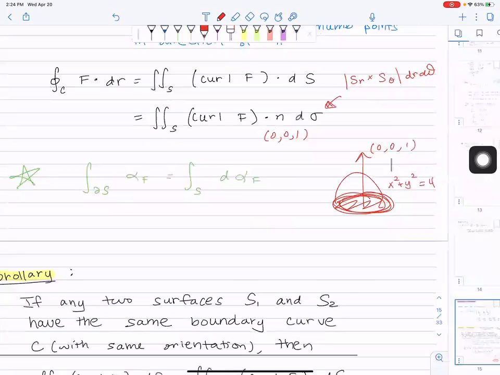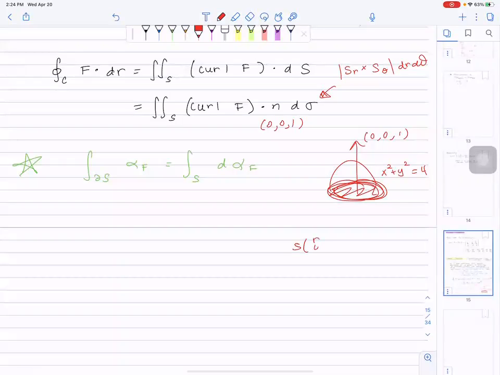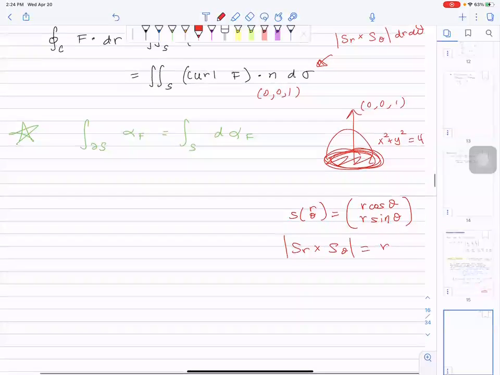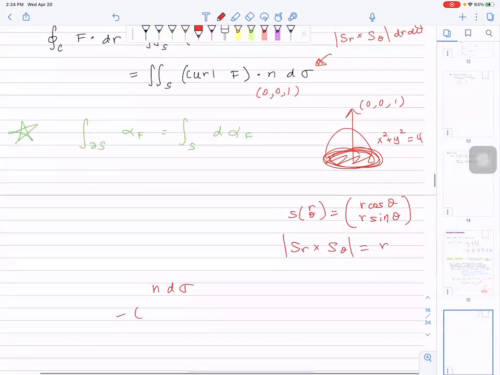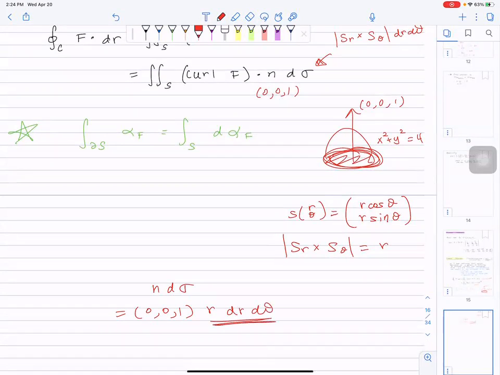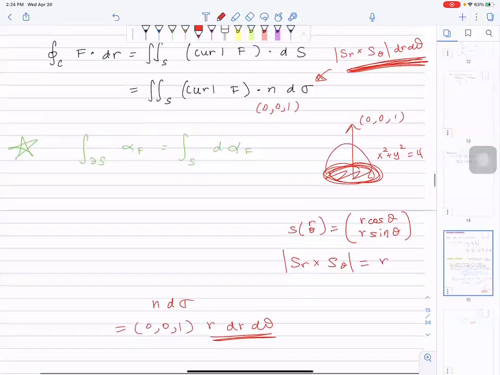Then our parameterization of the circle would be S of r, theta equals r cosine theta, r sine theta. If we take the cross product of this, we'd end up getting r. So the formula n d sigma tells us we would be doing 0, 0, 1 with r dr d theta, because r dr d theta is what d sigma is.